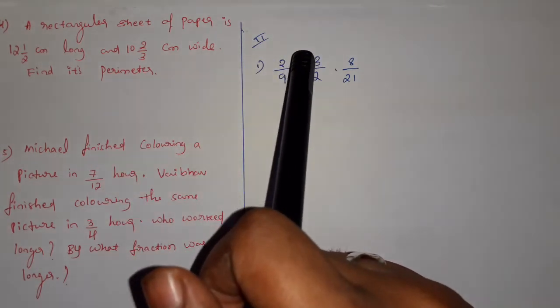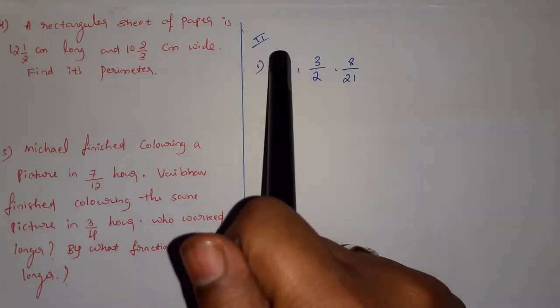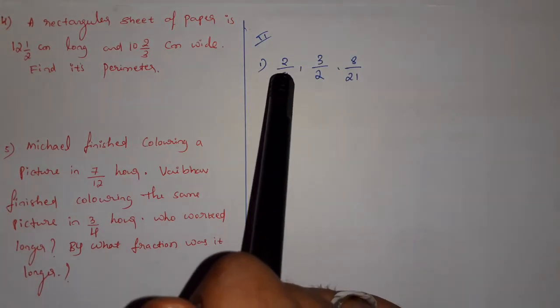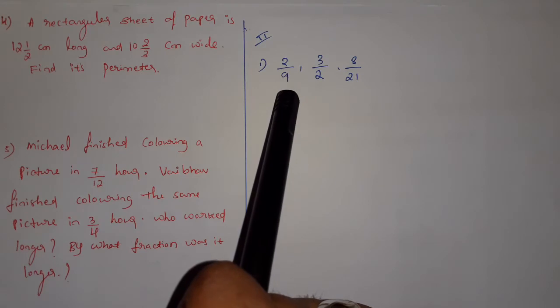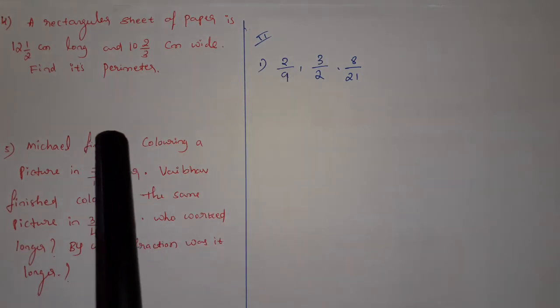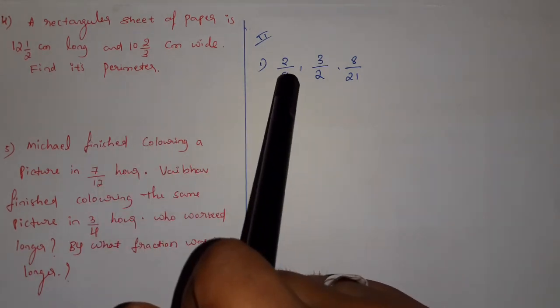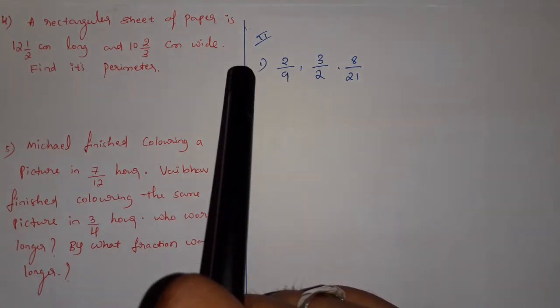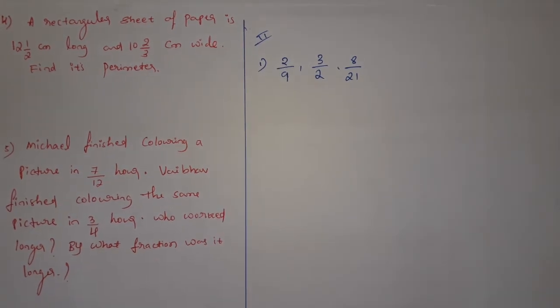Once you make the numerators equal, the fraction with the smallest denominator is going to be the largest one, and the fraction with the largest denominator is going to be the smaller one. The logic is completely reverse.